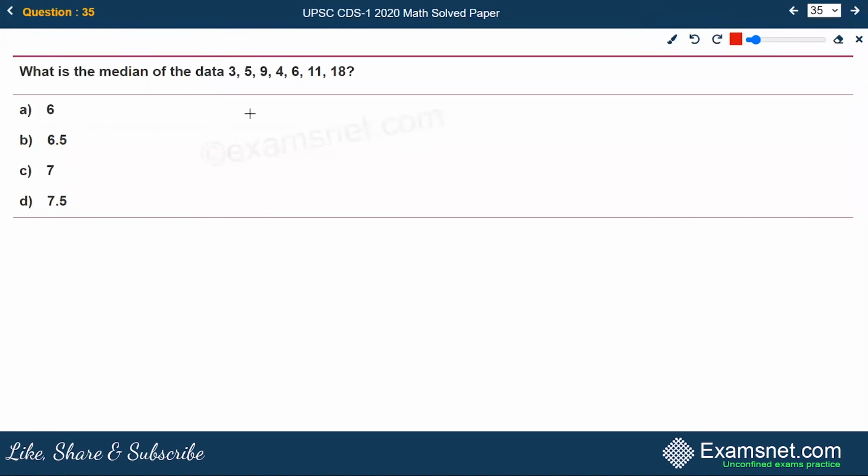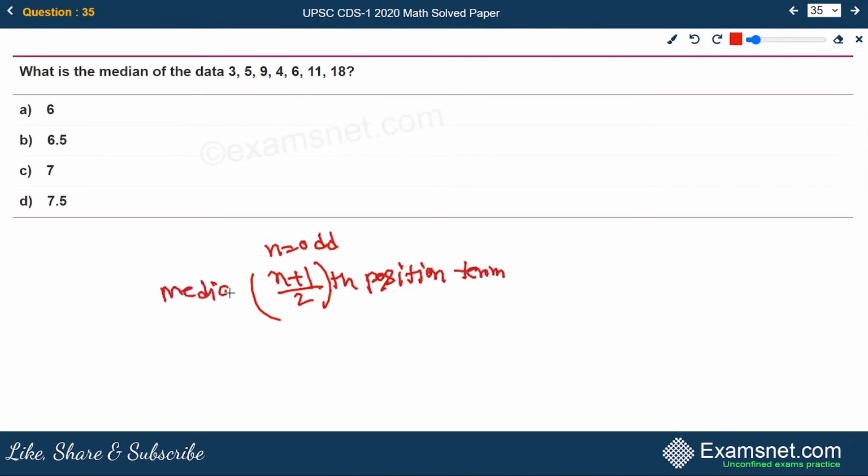In question number 35, it is given, what is the median of the data 3, 5, 9, 4, 6, 11, 18? If we are given n number of observations, how to find the median? First, we will arrange it in ascending order or descending order. Then, if n is odd, then we will try to find the (n plus 1) by 2 position term. That will be the median in that case.